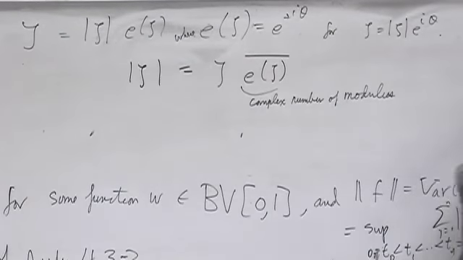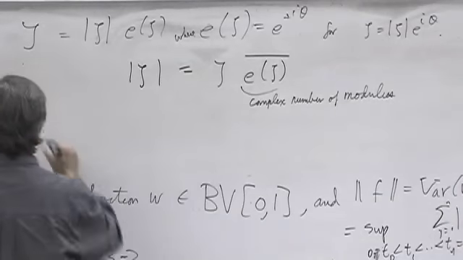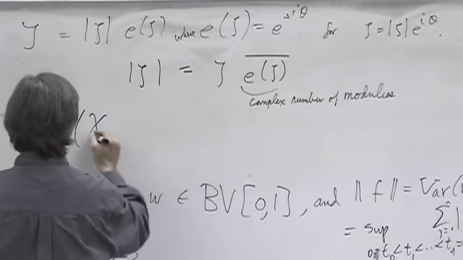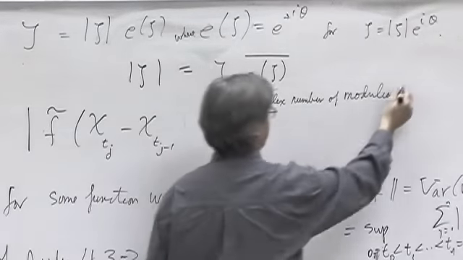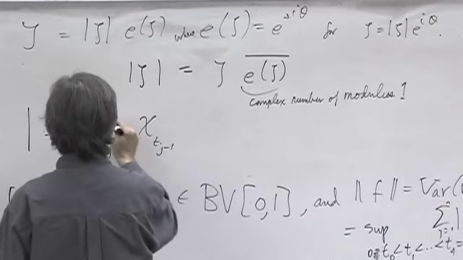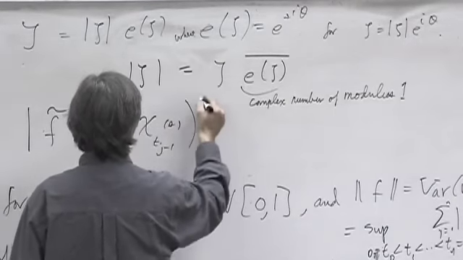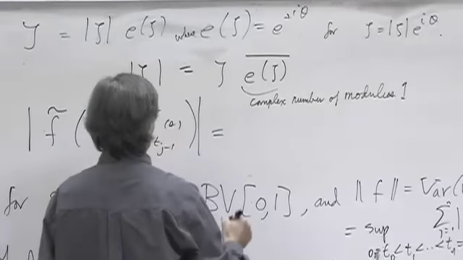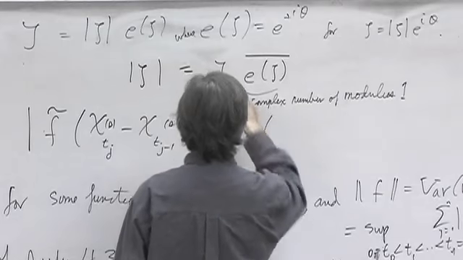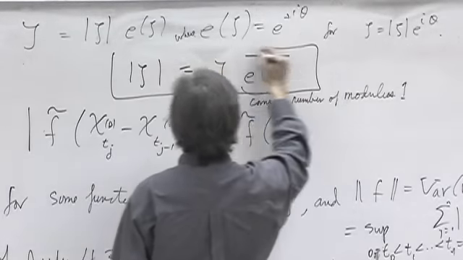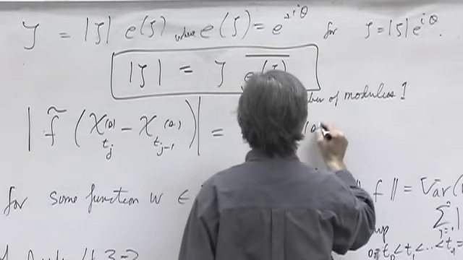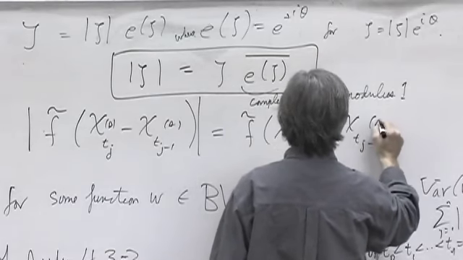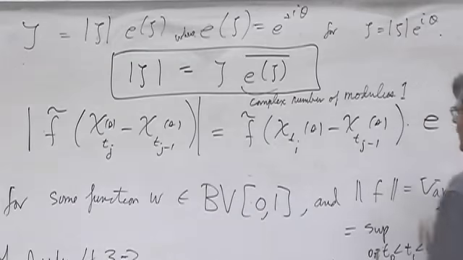So what I'm going to do is now write an absolute value of f tilde of chi t, modulus 1, of this thing, I'm simply going to write as f tilde of, I'm just going to write it as this thing. This is the box I'm going to use. F tilde of the difference without any absolute value signs times e of the same mess.